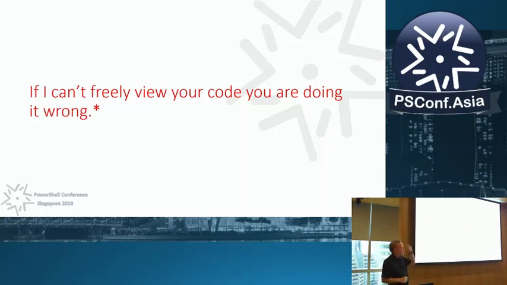If you cannot freely share your code, if I can't say, hey, show me what you're working on, and you say no, because there's company stuff in there, you're doing it wrong. Now, I do have a little disclaimer here, a little asterisk. There are exceptions, I understand, if your company has some specific business IP, intellectual property concerns.